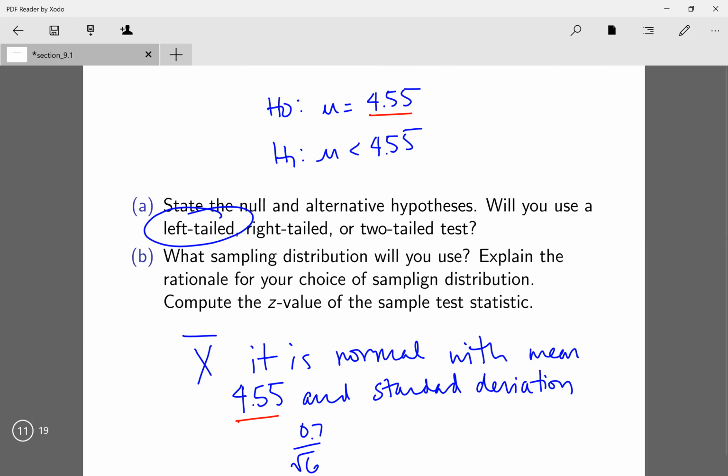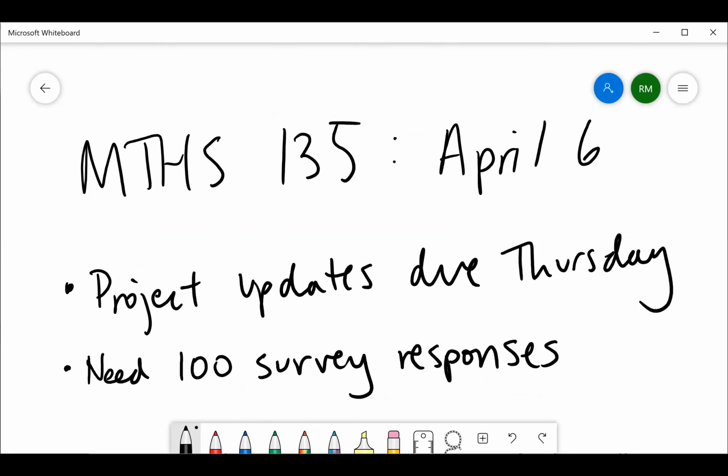Okay. So we know that X bar is normal. So what we need to do is some kind of probability calculation. We're going to do this probability calculation on the whiteboard. Okay.